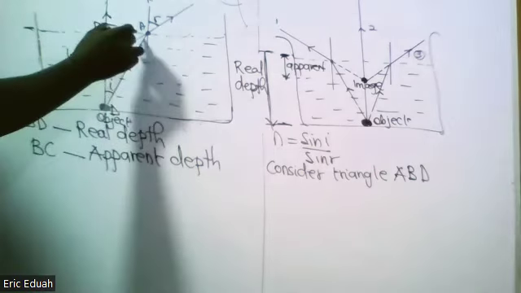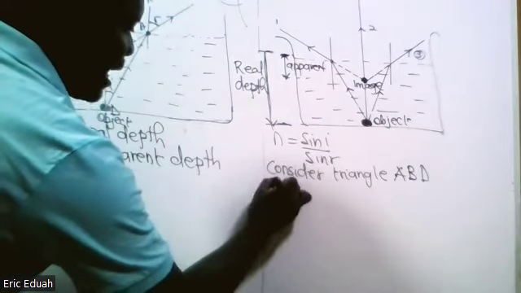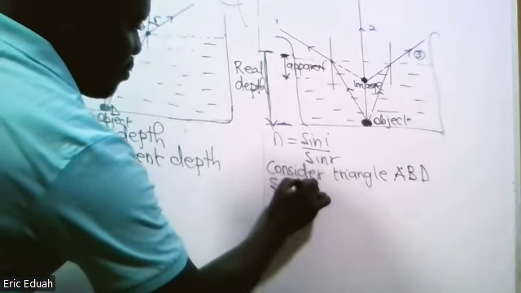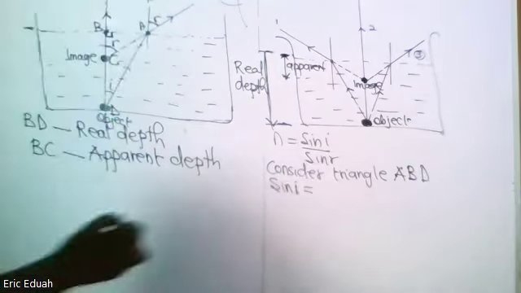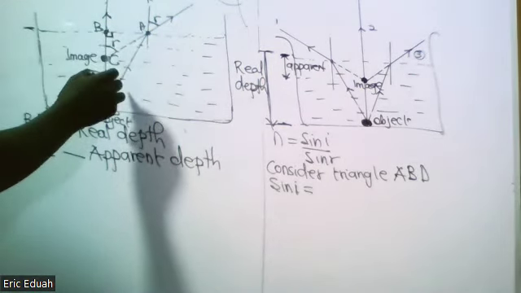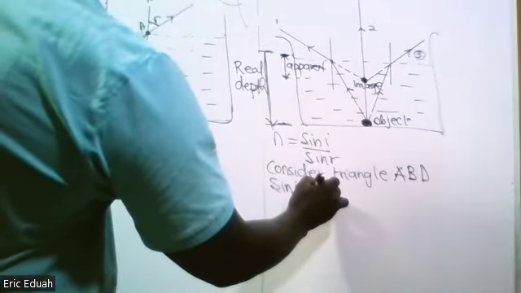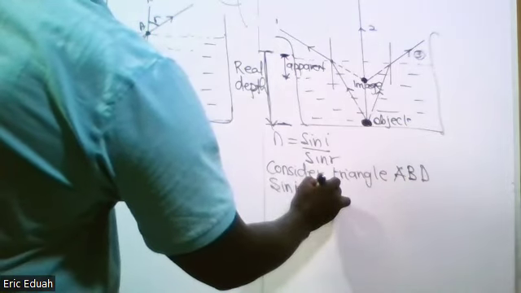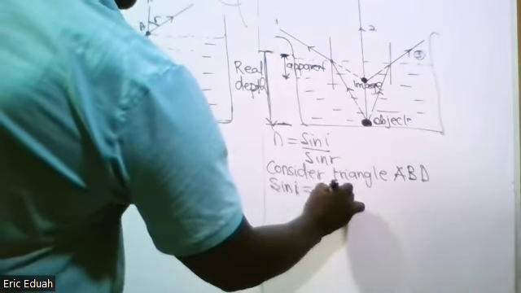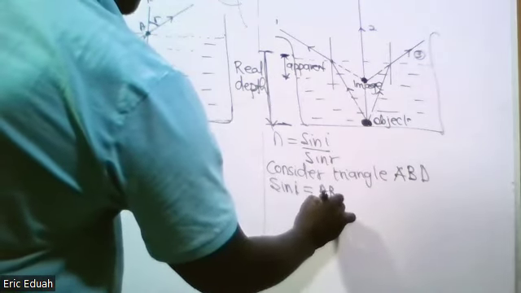When we take sine of this, sine I will be equal to AB over AD.